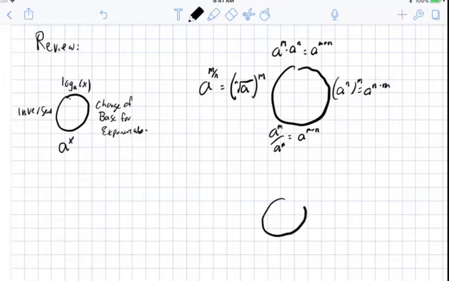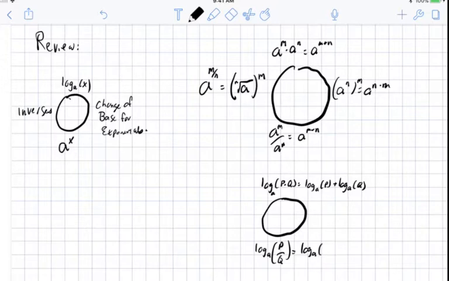Here's the logs medicine wheel. Log a of p times q is equal to log a of p plus log a of q. Log a of p divided by q is equal to log a of p minus log a of q.